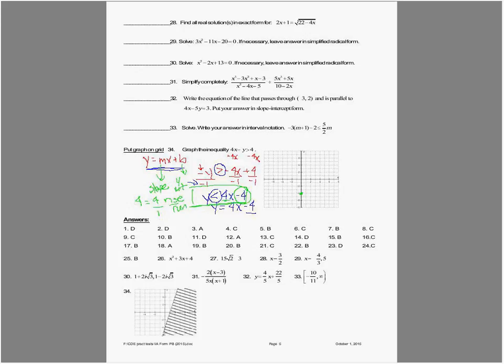So up 4, let's count 1, 2, 3, 4. So that would be up here. And over 1. Now over is always to the right. Okay, to the right 1. Our line, since it's less than, we would actually have to dash it. Let me erase around here.